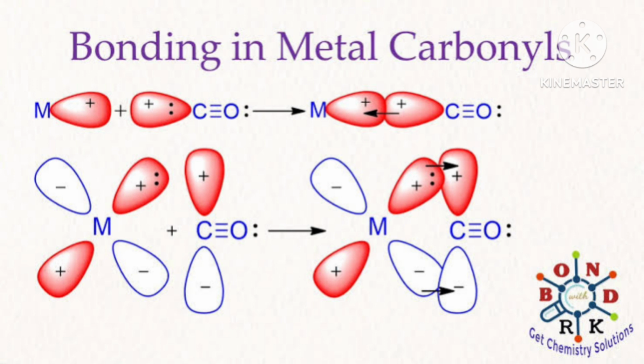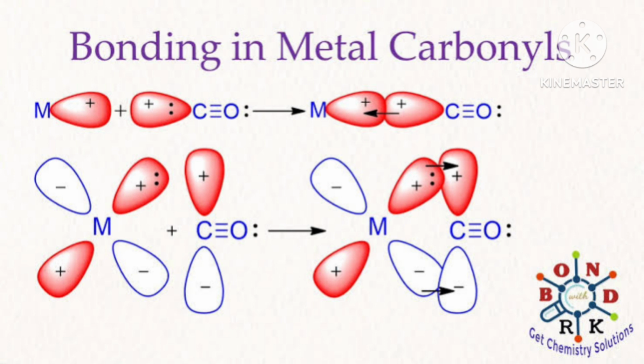This is the structure of dicobalt octacarbonyl, Co2(CO)8. Now I am telling you the structure of chromium hexacarbonyl, Cr(CO)6. It is octahedral. Here in this structure, all 6 are joined with carbonyl.